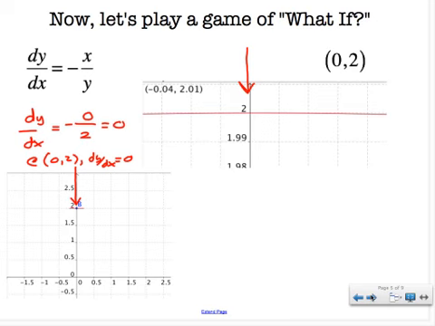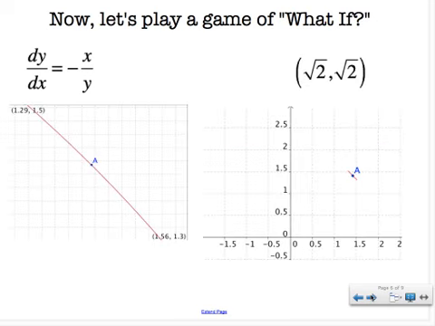Okay, now let's say at a different place, at this point (square root of 2, square root of 2), we had the same differential equation. What can we figure out from this? Well, if I plug in square root of 2 for x and square root of 2 for y, I'm going to get a slope of negative square root of 2 over square root of 2, or negative 1.